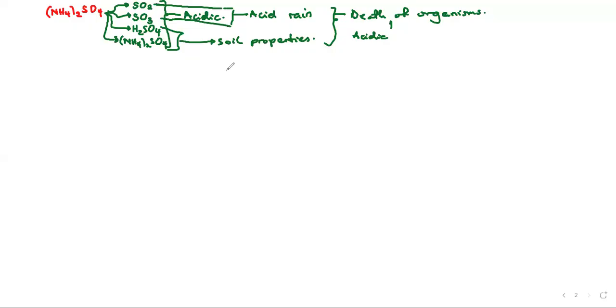Mitigations will differ depending on how you're going to come up with the danger. So as we plan to write at least one danger, allow me to say that the first danger is corrosion of buildings.